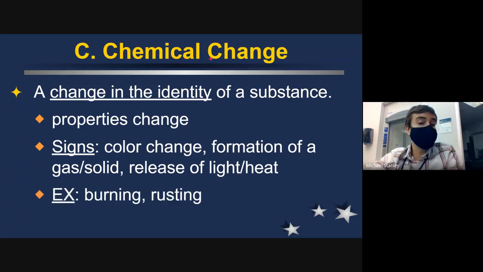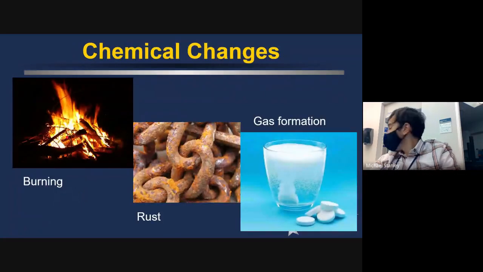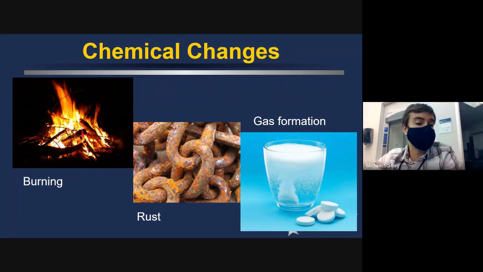So some really common chemical changes include things like burning and rusting. So if you think about it, burning, we're giving off light and heat. So you got firelight and you got heat from the fire, already suggesting you have a chemical change going on.